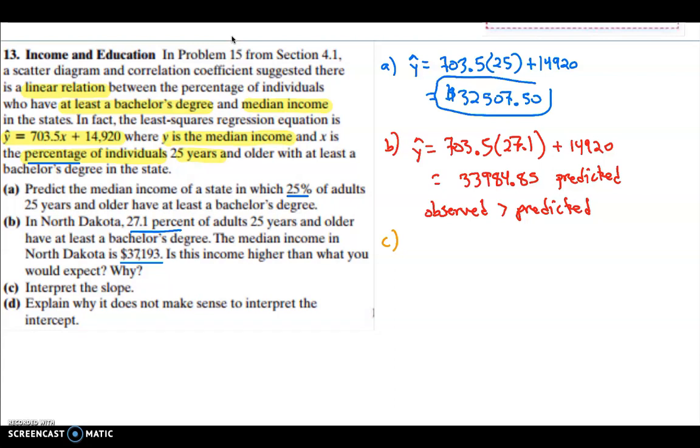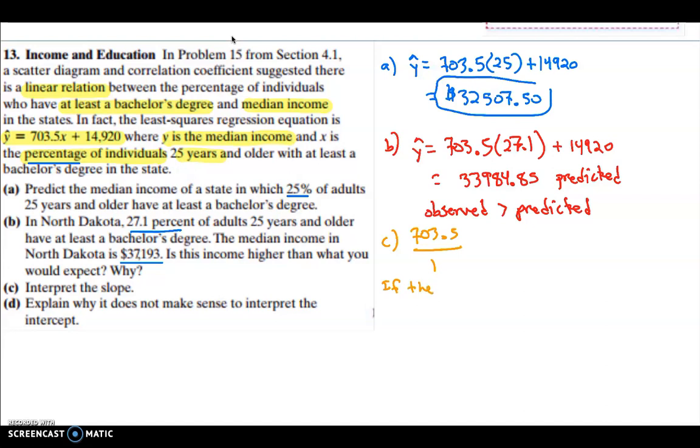Okay, next we want to interpret the slope. Again, the slope is 703.5 over 1, technically. Remember that X is representing percentage of adults, Y is representing the median household income.